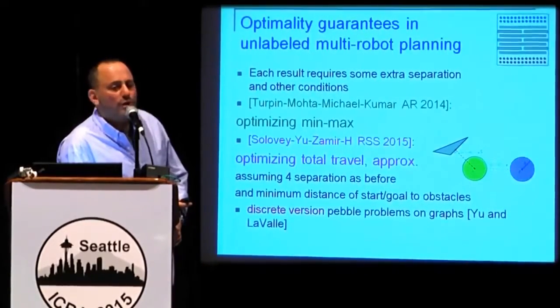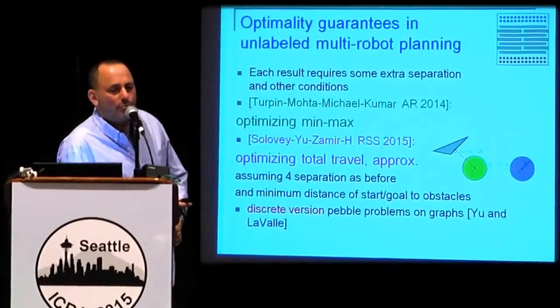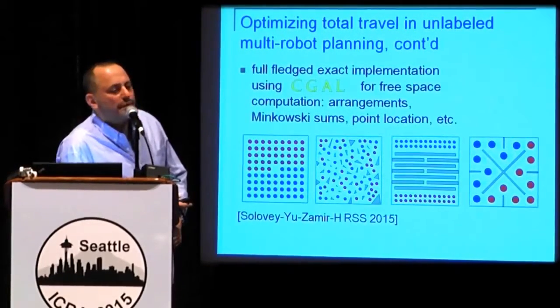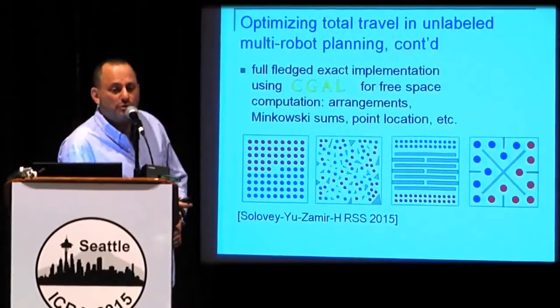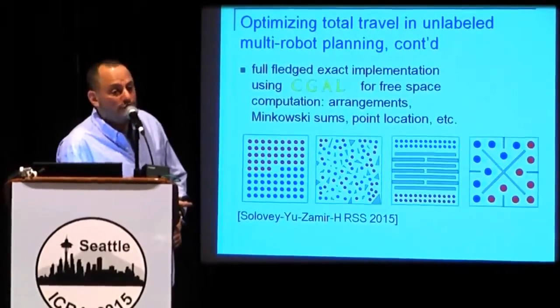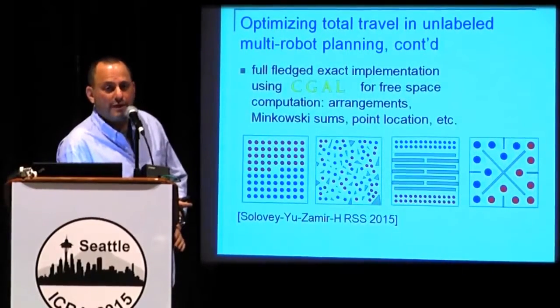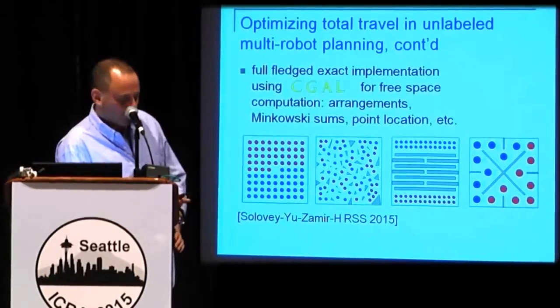I want to say a few words about our optimization result. The algorithm is implemented in an exact manner. It uses the computational geometry algorithm library, and with the tools available there, it was rather easy to give a deterministic exact solution.